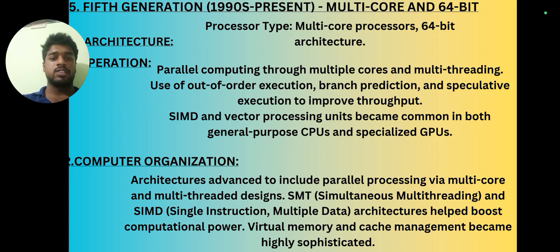Computer organization: the architectures advanced to include parallel processing via multi-core and multi-threading designs. SMT, simultaneous multi-threading, and SIMD, single instruction multiple data, architectures helped boost computational power, while virtual memory and cache management became highly sophisticated.